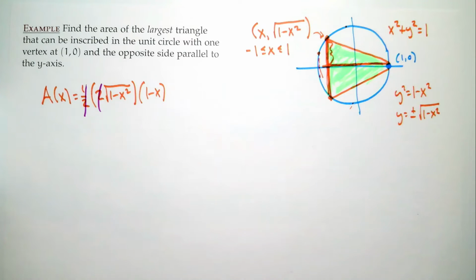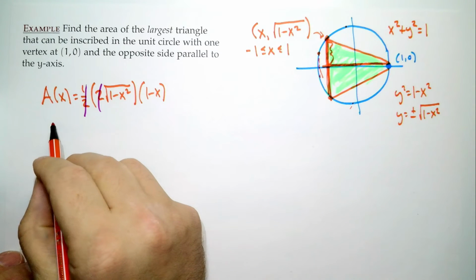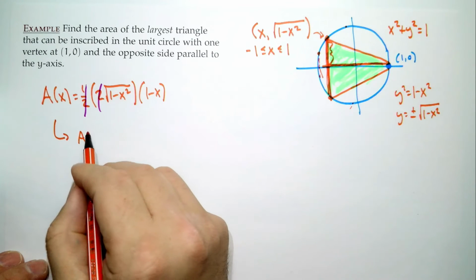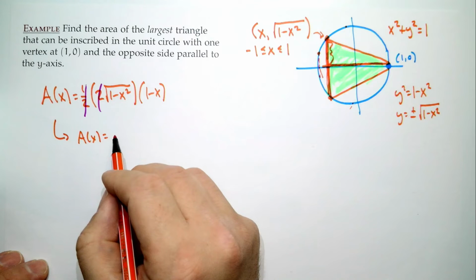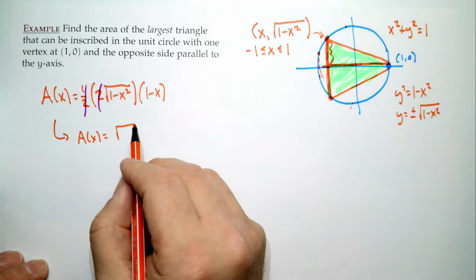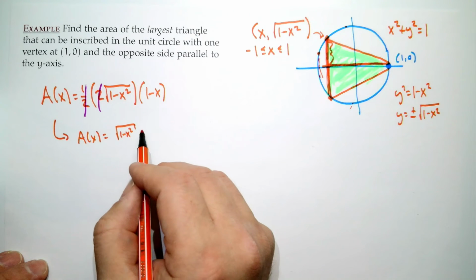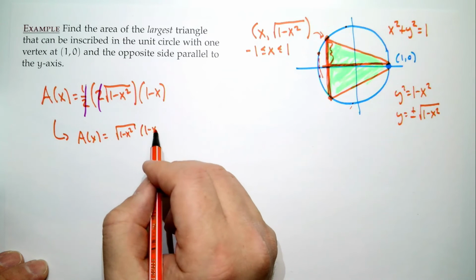I'm debating about whether or not to do the next thing. There are three options. We can keep it as is. So area of x would be the square root of 1 minus x squared times 1 minus x.